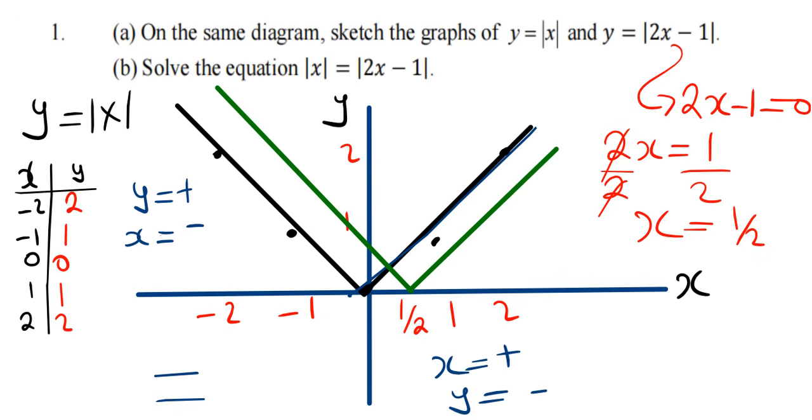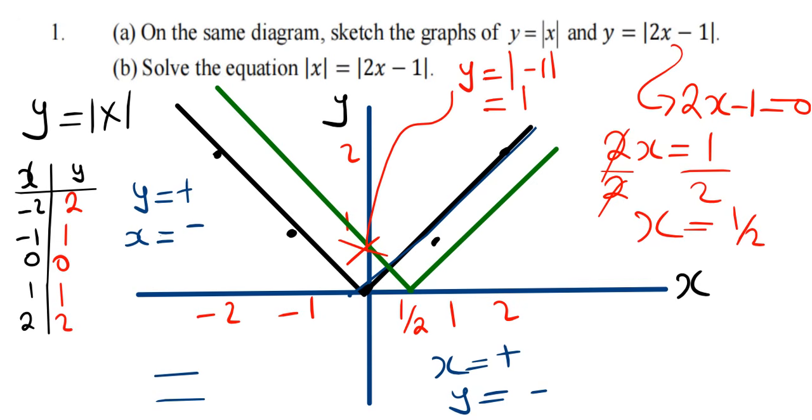But now you're going to realize that we've cut this point for the second graph. We're supposed to find that point, and that point is the y-intercept. On the y-intercept, x equals 0. So y equals the modulus of 2 multiplied by 0, which is 0, minus 1. Now the modulus of negative 1 is just a 1.